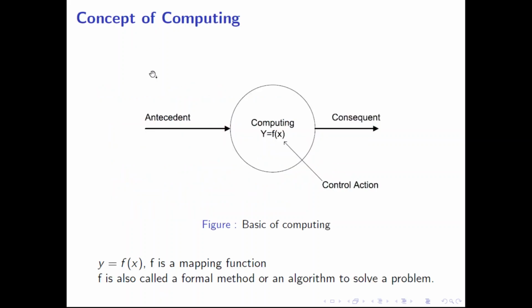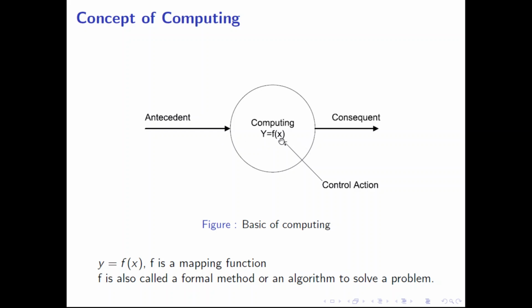To start with, what is computing? Computing is something like processing. It takes an input, here called the antecedent, and that gets computed. You can also call computing mapping: mapping an input to an output.